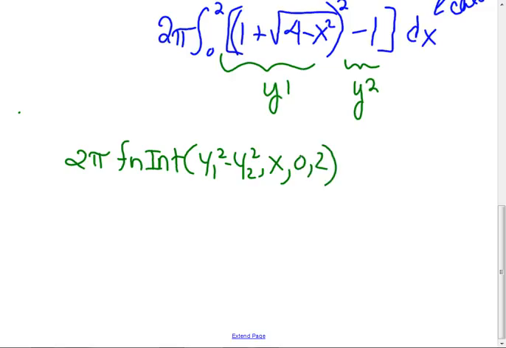So who needs a calculator? Anybody? I have some. I have a lot. Which one do you put in Y1? It's right up there. Doesn't matter.